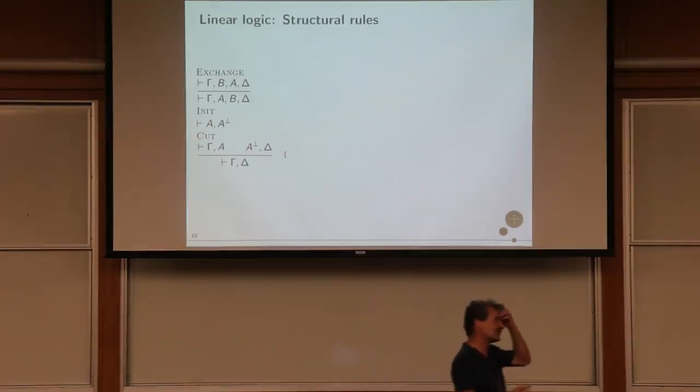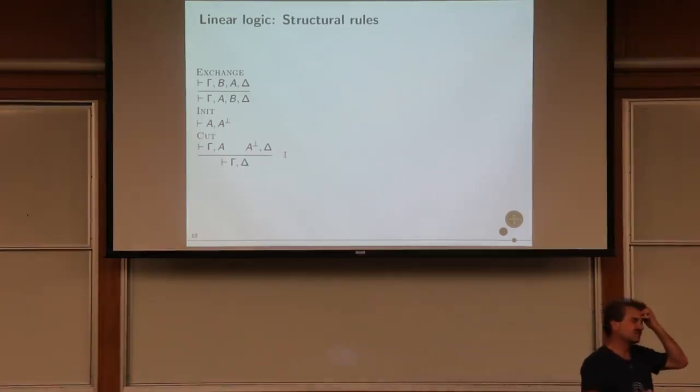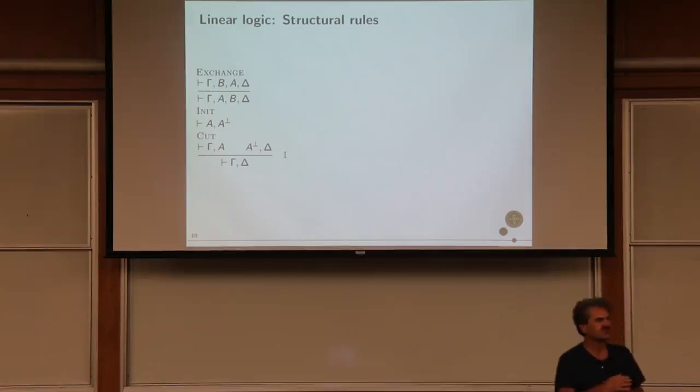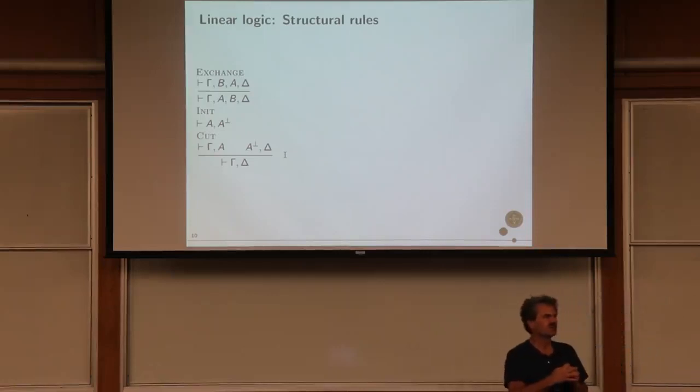So let's look at the cut. So let's assume gamma A denotes a resource vector. Yeah? Just to be clear with the interpretation of the exchange. Yes. Any transfer would have to be done in the resources or in basic locations.